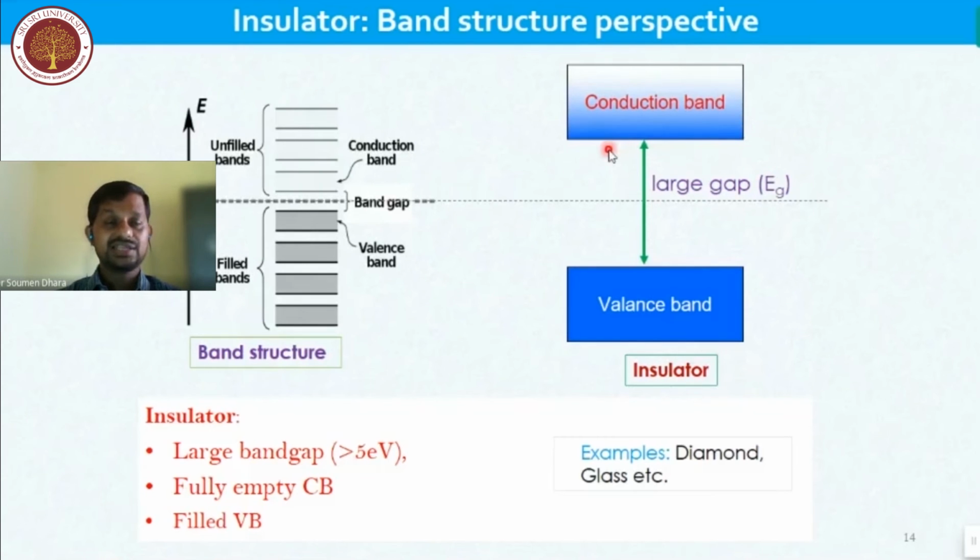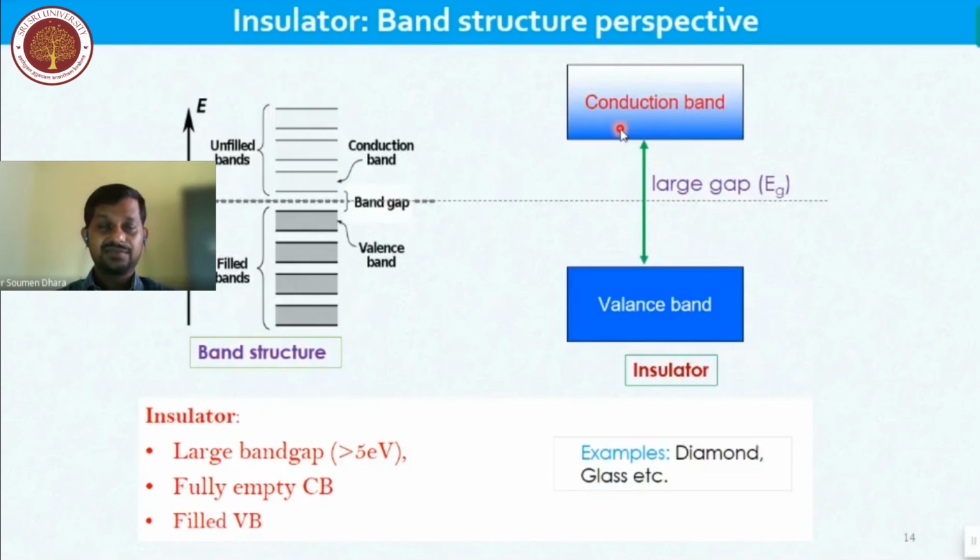As there are no free electrons available in the conduction band, the conductivity will be almost zero. So depending upon the gap, you can have a conductivity that is almost zero. That's why we have a scale of 10 to the power minus 18.